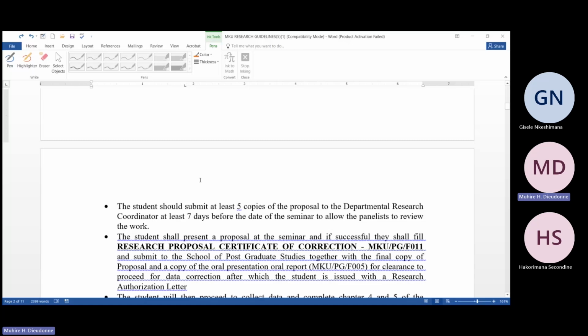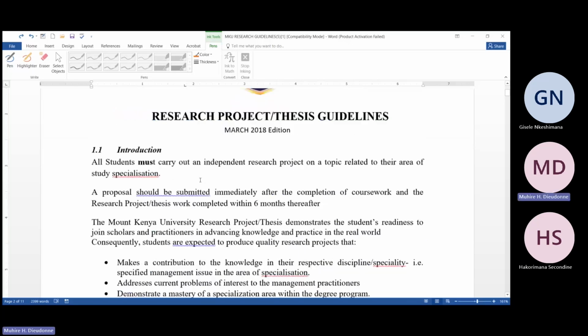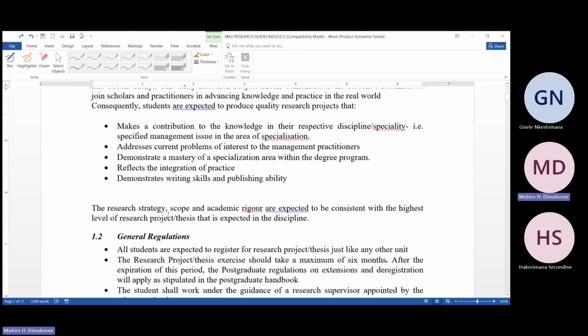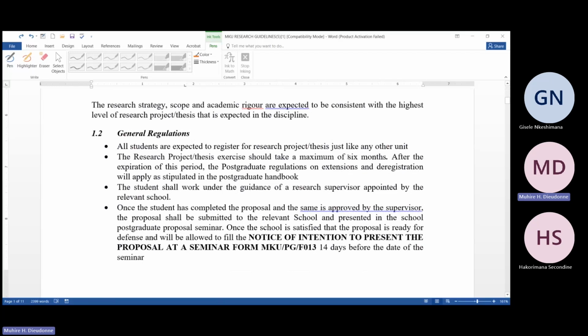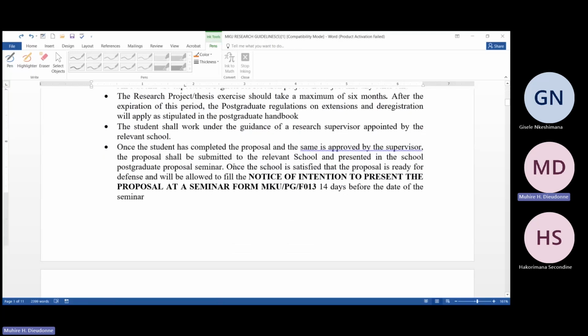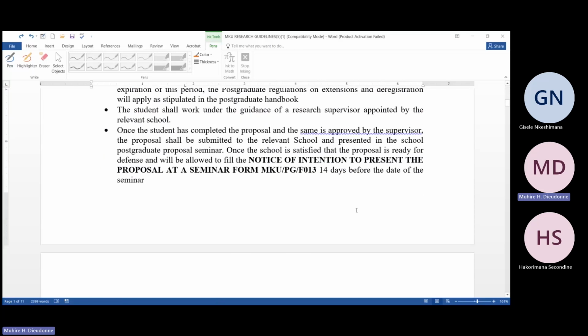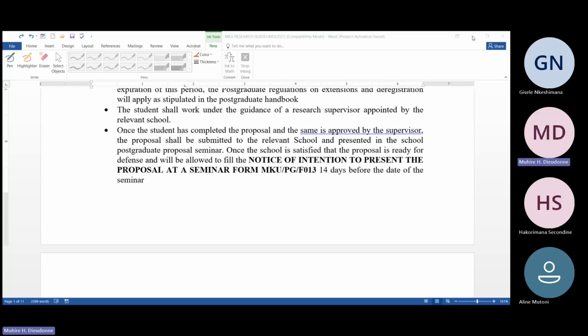First of all, when it comes to general regulations, this is related to the school. So the student must be sure to register the module of research project.